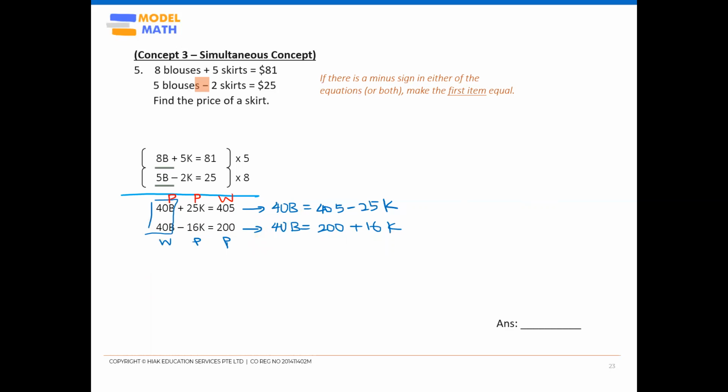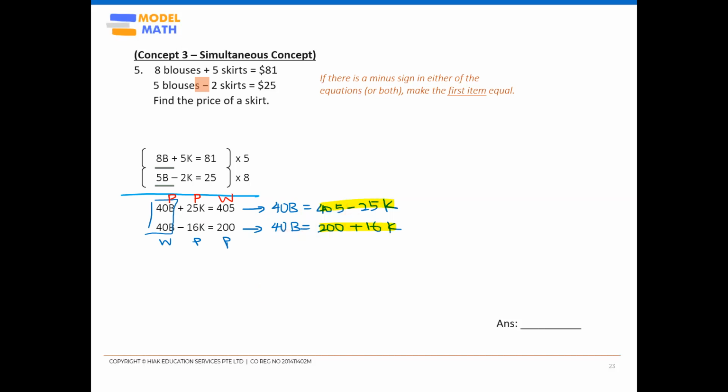All right. Now, can you see when I rearrange them, this and this, are they the same now? They are the same because I know that this equals 40b. The second yellow one also equals 40b.